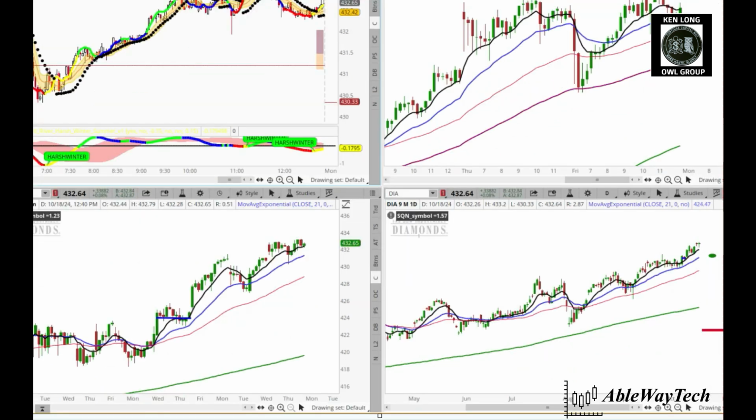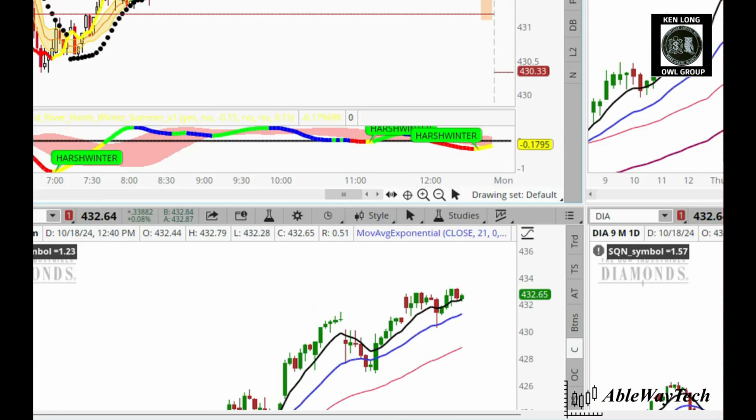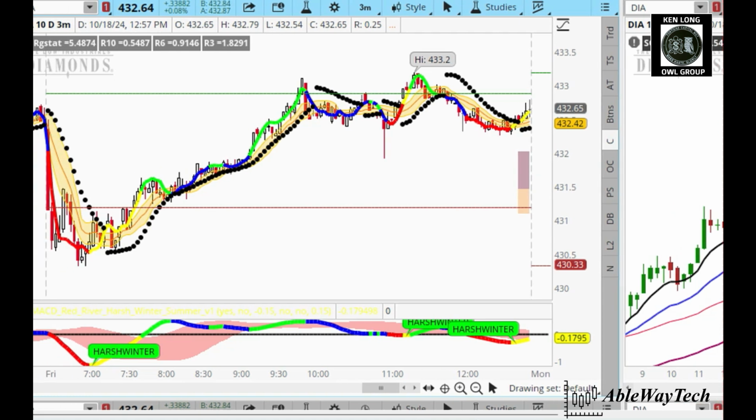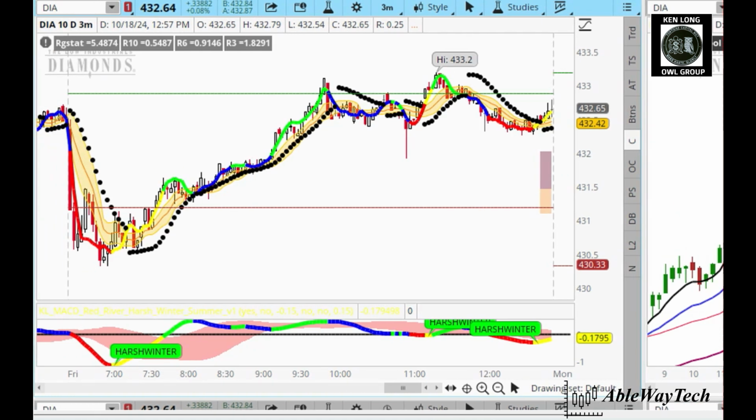And I like looking here. This one was on DIA. If we go back to our 3-minute chart, this was on DIA, which I think is interesting because I've been looking at the academic research that, for stocks, 50% of the movement is from the broader market and 25% is from the sector.